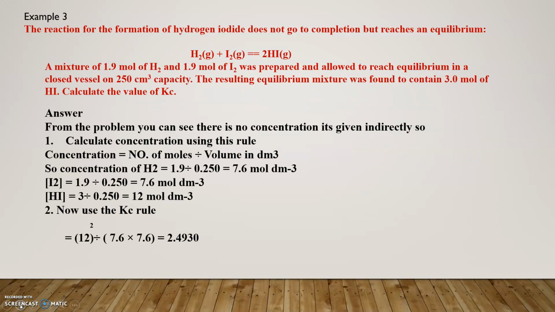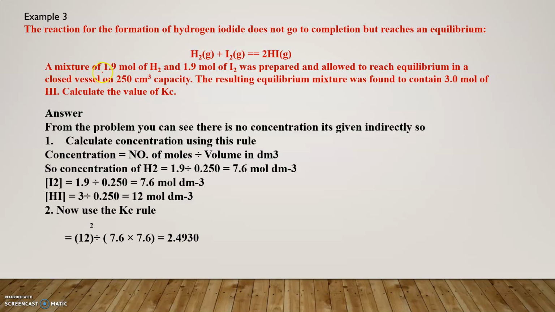In this example, the reaction for formation of hydrogen iodide does not go to completion but reaches an equilibrium. So this is a reversible reaction.